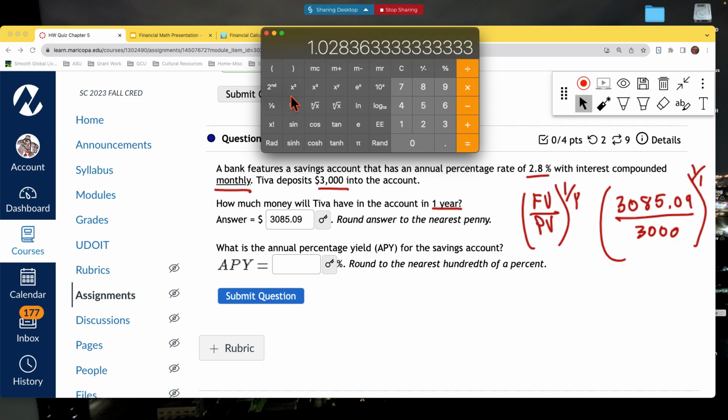Now remember, this 100, it's like 100% is that we're getting all our money back. So the increase, it's increasing, right? It's above 1. It's going to be 2.84%. Rounded to the nearest hundredth of a percent would be 2.84.